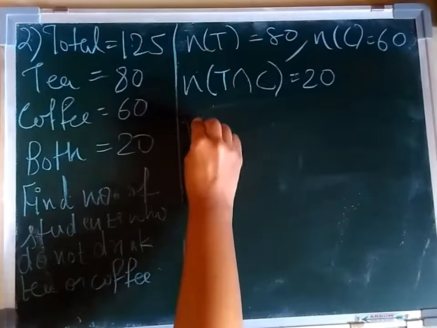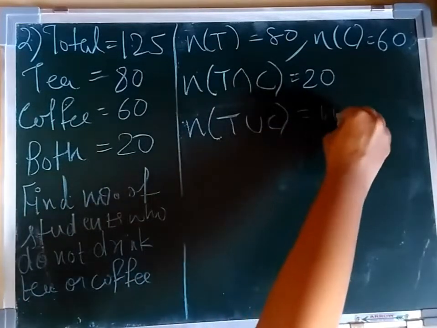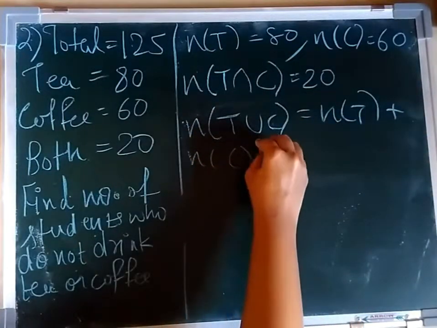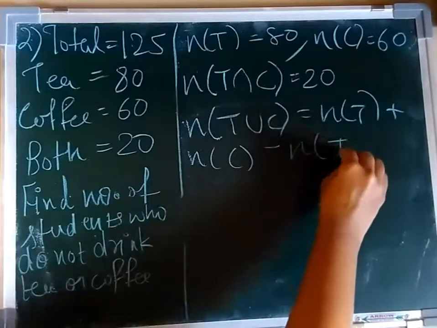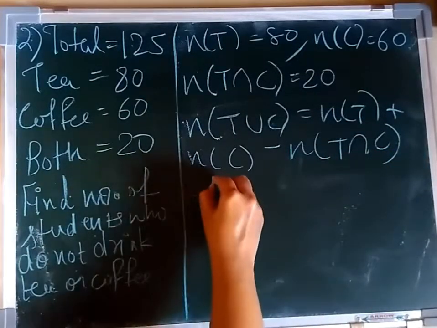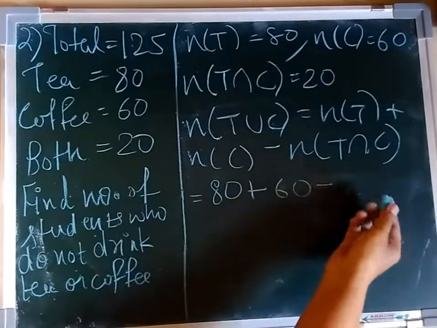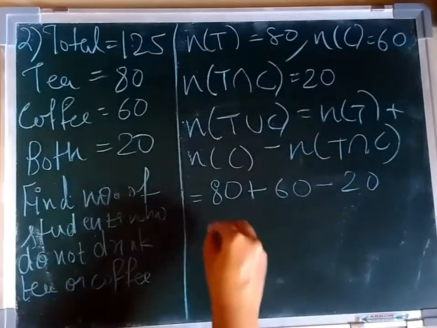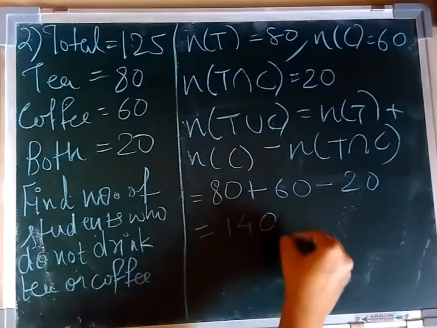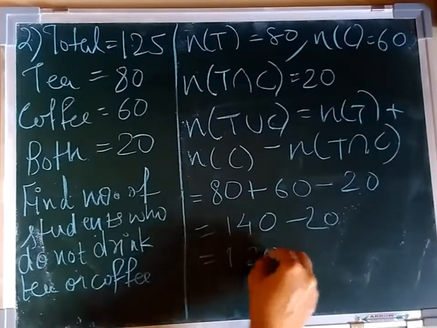So by formula, N of T union C is equal to N of T plus N of C minus N of T intersection C. So now this has 80 plus 60 minus 20. 140 minus 20 is the same as 120.